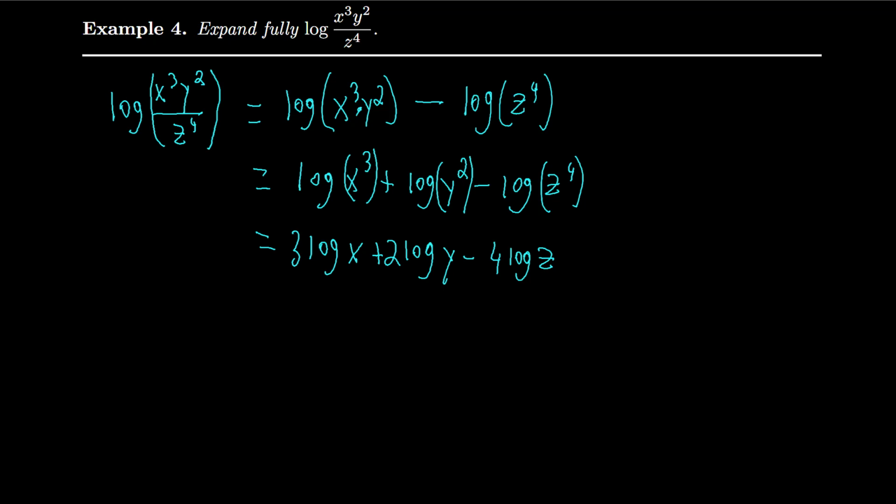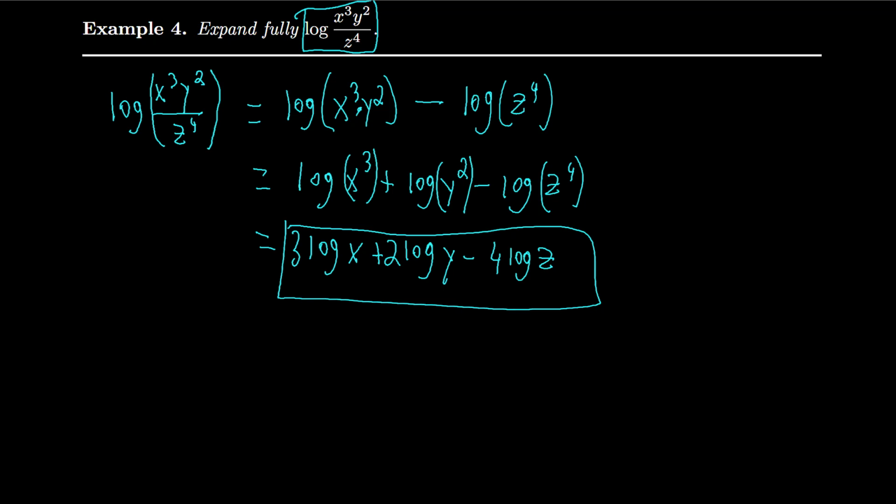So there's another version of this problem I could give you that said condense, and then I give you this bit at the end, and the answer would be what you were originally given. So you should be able to do these in either direction, up to you, but you should be able to see how those properties work. So you're either tucking multiplications in, or you're bringing multiplications out, depending on whether you're expanding or condensing to begin with.